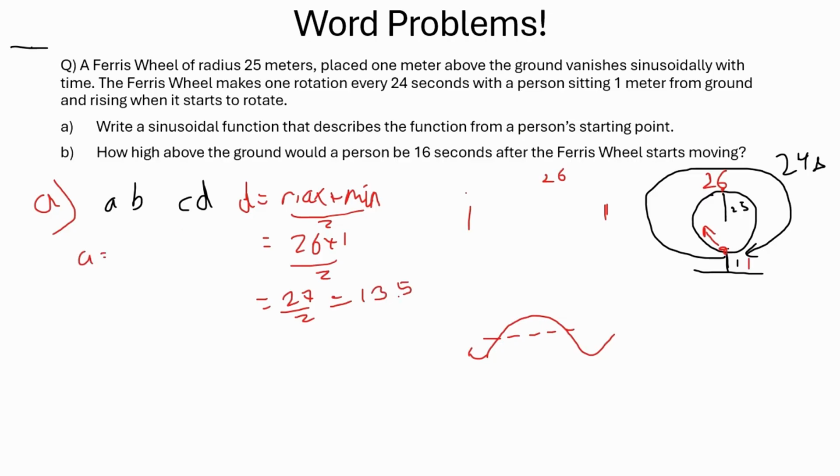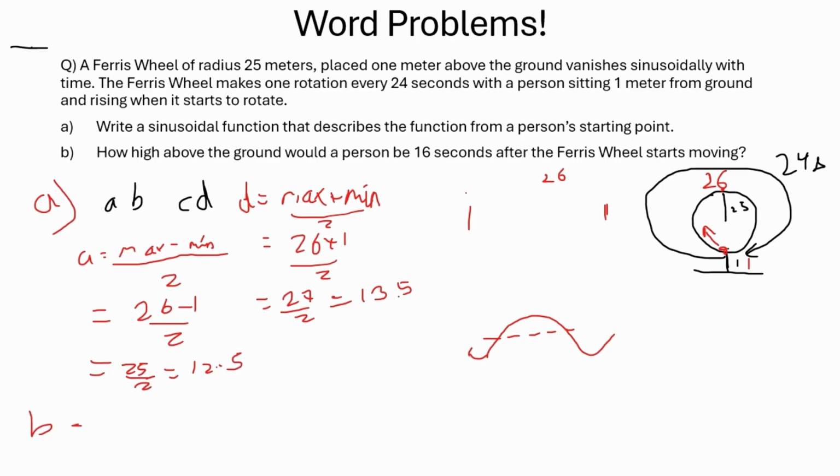Your A is the opposite. It's the difference divided by 2. So 26 minus 1 over 2, that's 25 over 2, which is 12.5.